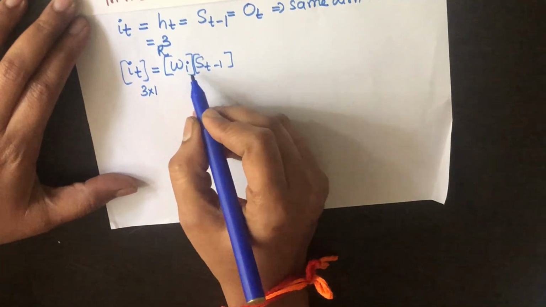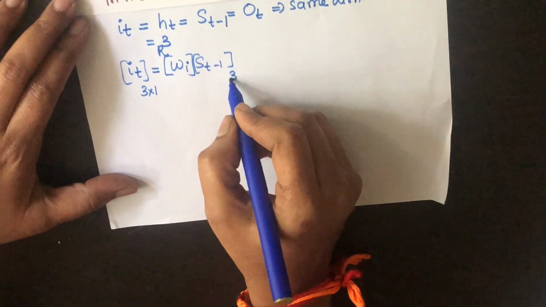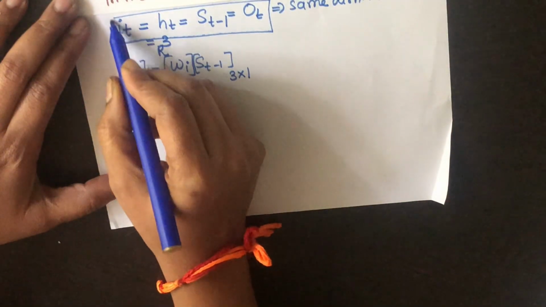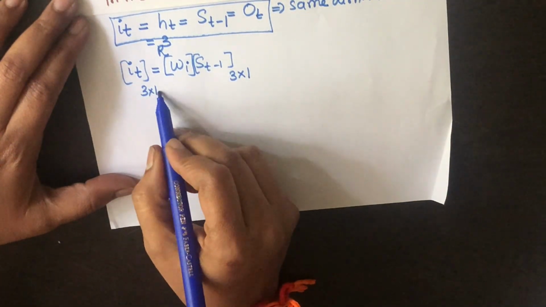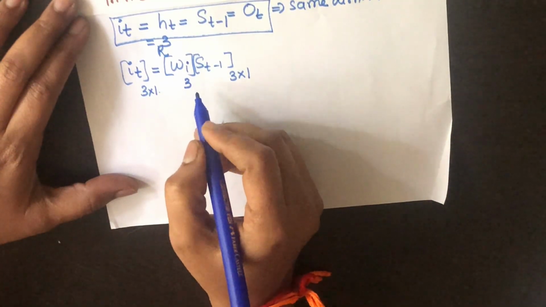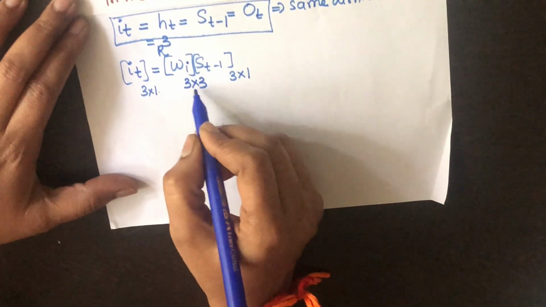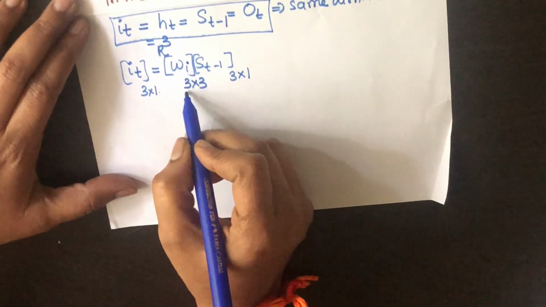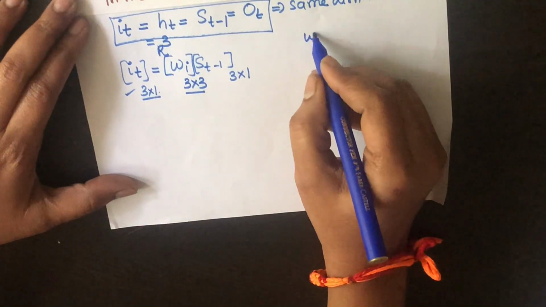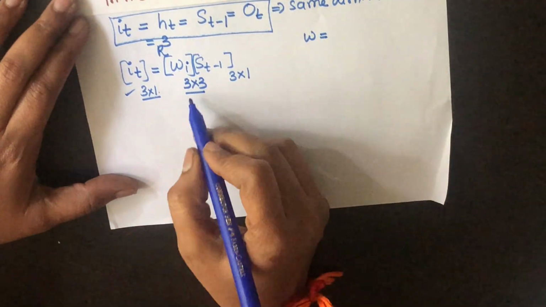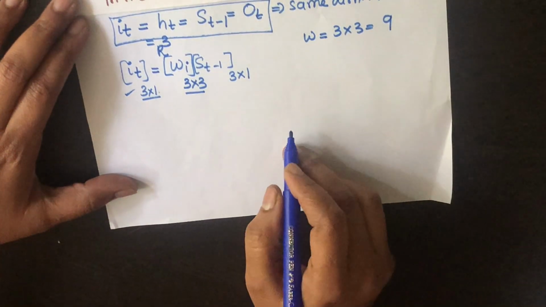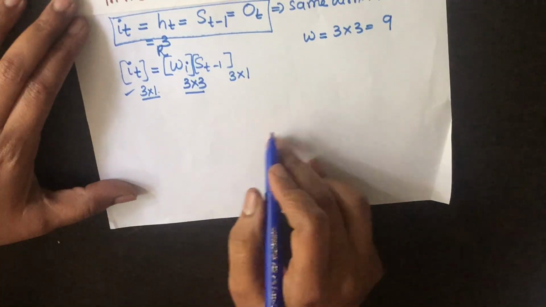Wi we don't know. St minus 1 is also 3 cross 1, because all these have the same dimension. So if Wi is 3 cross 3 only, we get a 3 cross 1 output it. So W is 3 cross 3, 3 into 3, that equals 9 parameters.